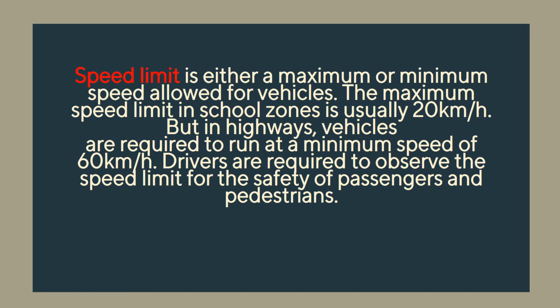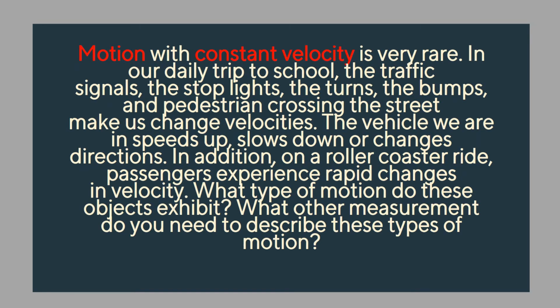The maximum speed limit in school zones is usually 20 km/h, but in highways, vehicles are required to run at a minimum speed of 60 km/h. Drivers are required to observe the speed limit for the safety of passengers and pedestrians.